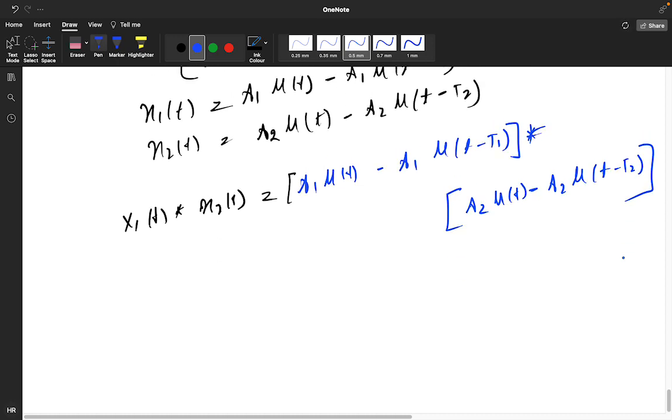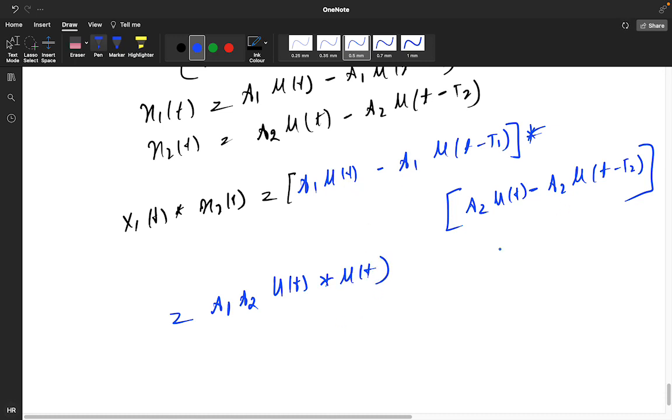According to the properties and rules, associative and all, everything we have seen, each term will be convoluted with each other, like multiplication we do. So a1 a2 u of t convoluted with u of t.